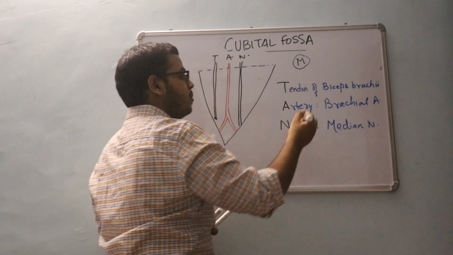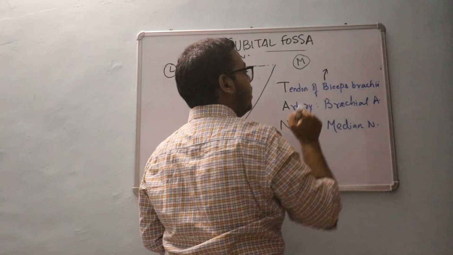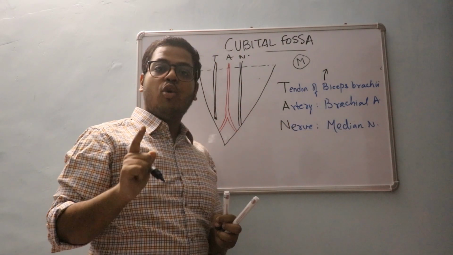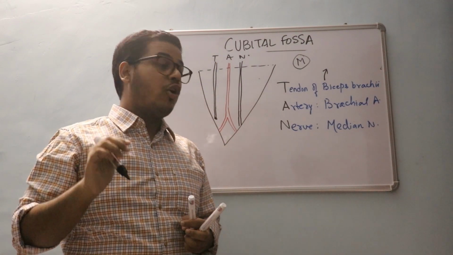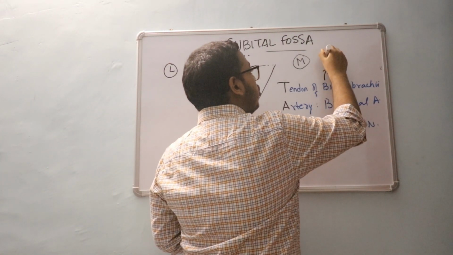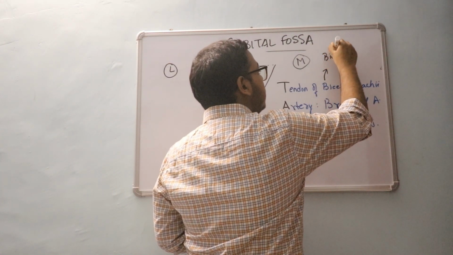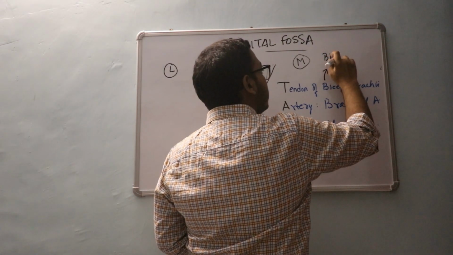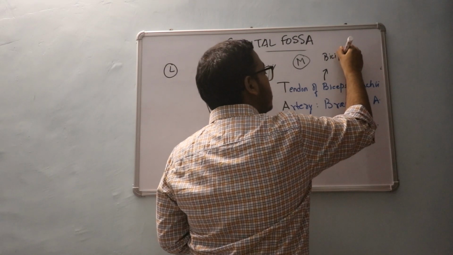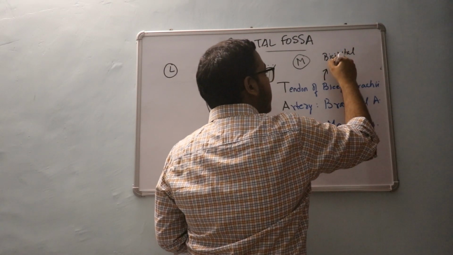One important aspect that I have to tell about the tendon of the biceps brachii, I mentioned already that there is a bicipital aponeurosis present. Where is this bicipital aponeurosis coming from? It is coming from the tendon of the biceps brachii.